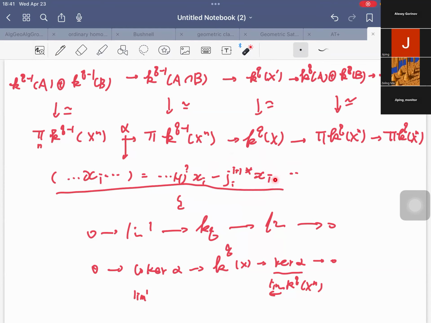Because when you define the inverse limit, it is a subset of the product, and they have the transition function and satisfy a condition like this one.